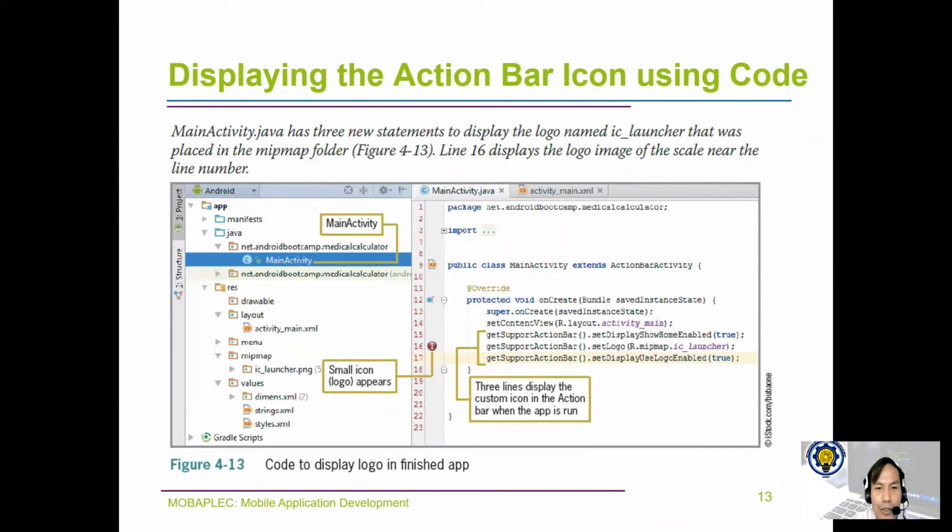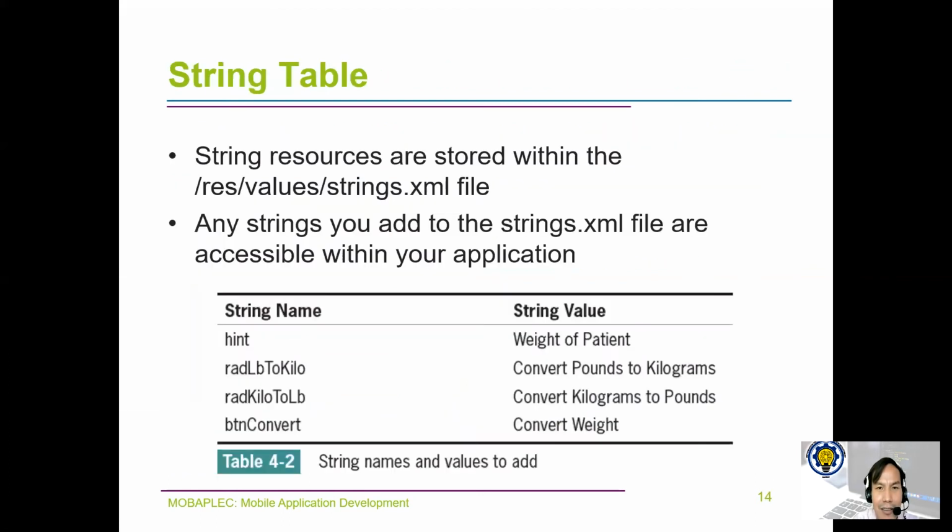Okay, and then after you set and get, now we need to create the string table. The string table is actually located in the resource files, which is located in the source, then the values. The values is the strings.xml. So any strings you add to the strings will give you access within the application.